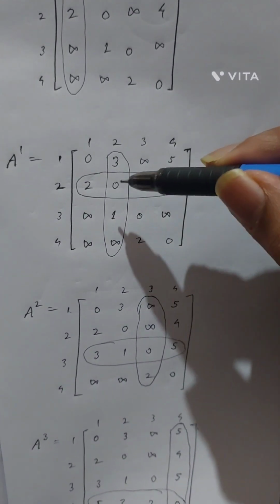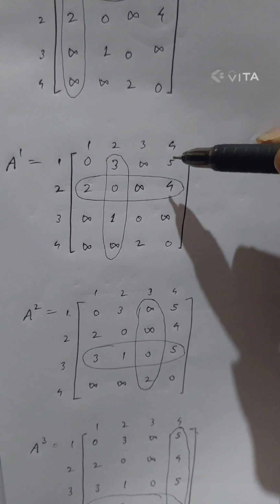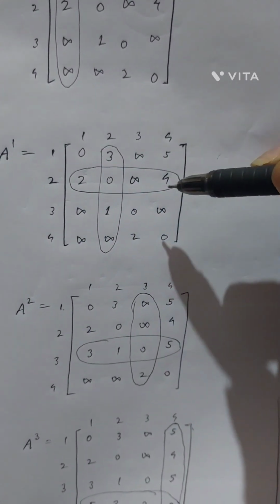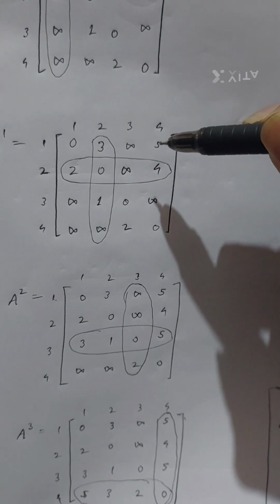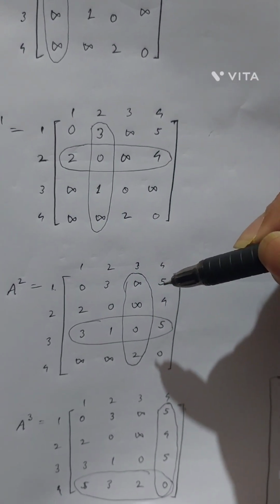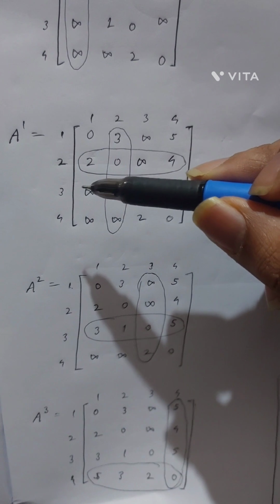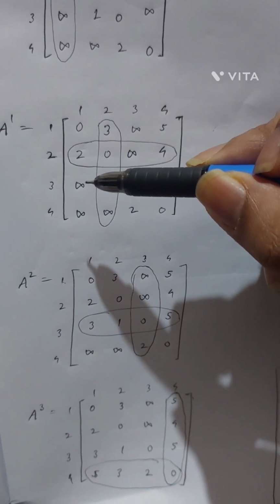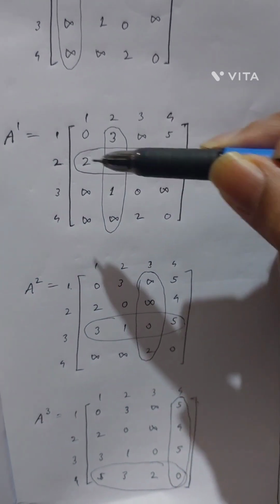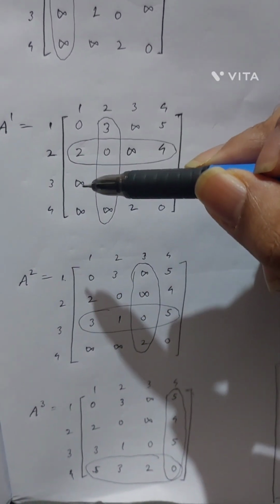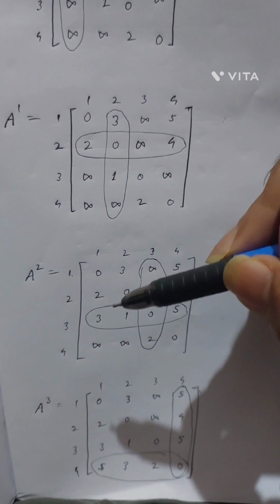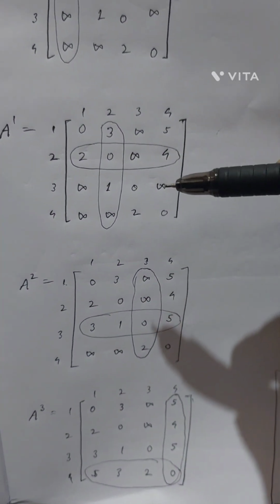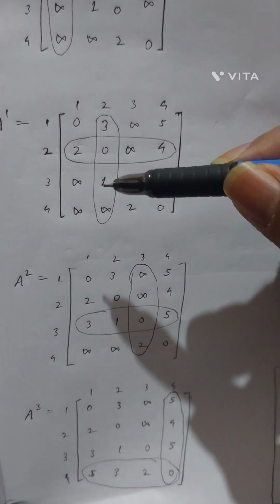For 1, 4, we take the minimum of 5 and 3 plus 4, which is the minimum of 5 and 7, which is 5. For the next non-diagonal entry, 3, 1, we take the minimum of infinity and 1 plus 2, which is 3. So the minimum of infinity and 3 is 3. So we write down 3. For 3, 4, we take the minimum of infinity and 1 plus 4.